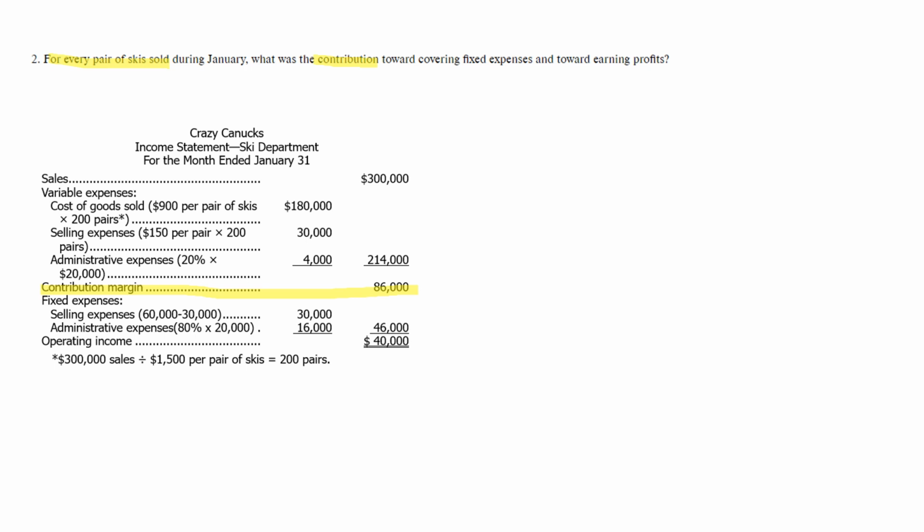Our total contribution margin is this 86,000. But we want to know it on a per unit basis. We know already from below we had 200 pairs.